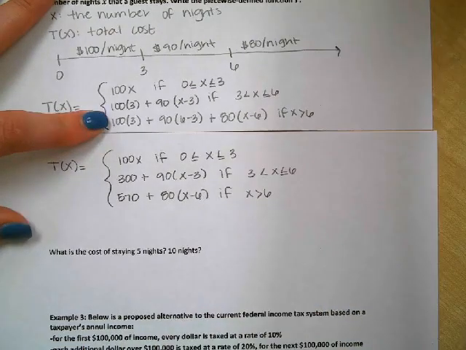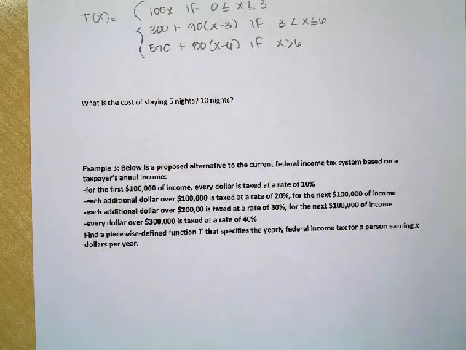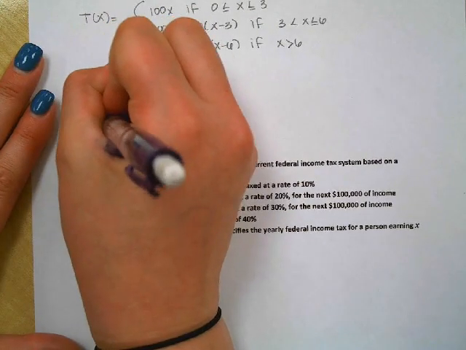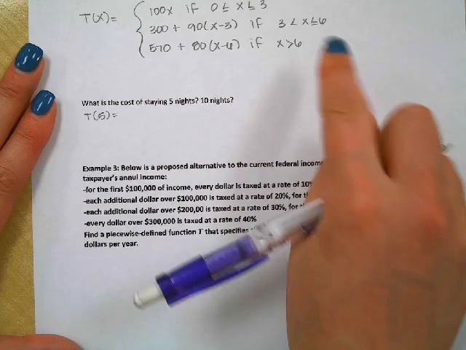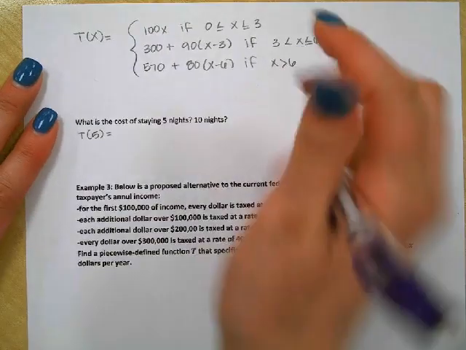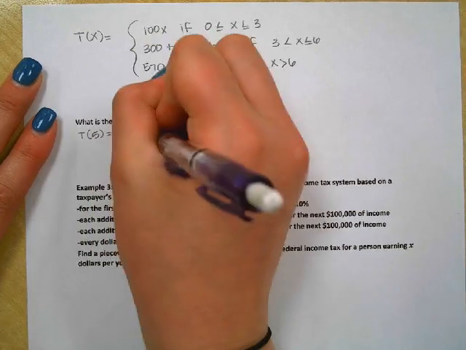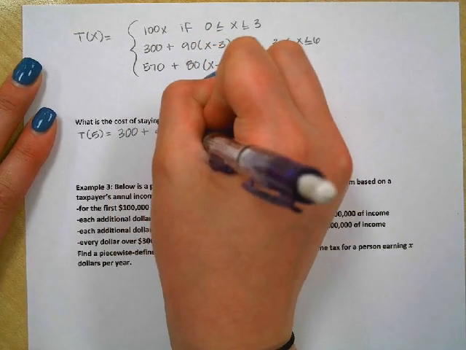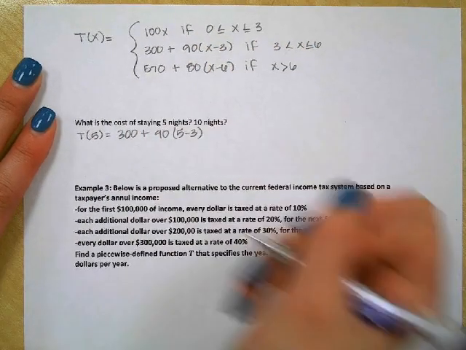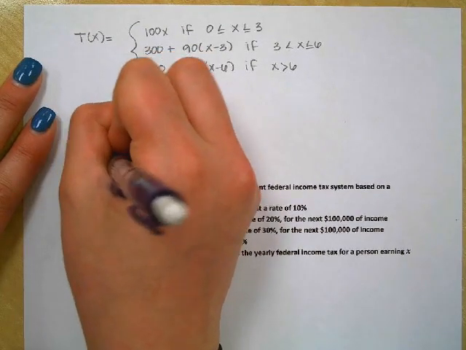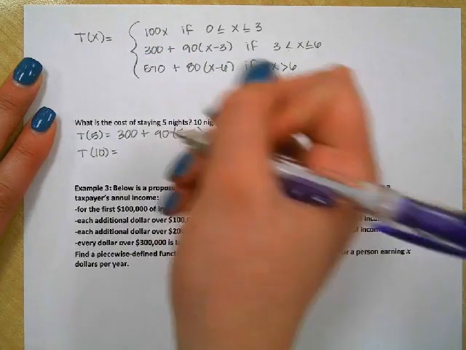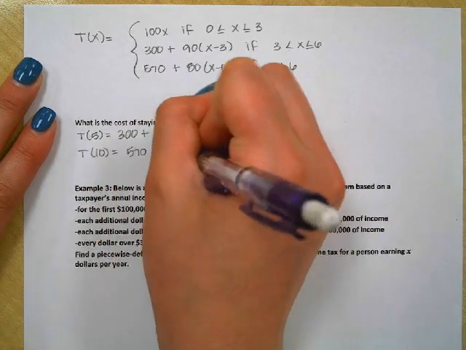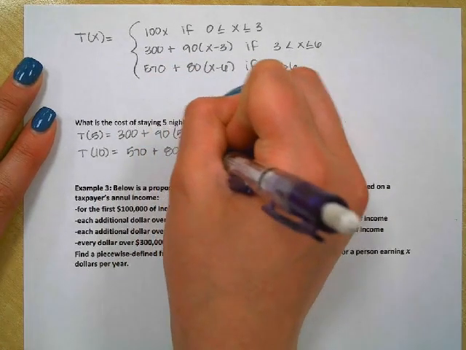Okay. So what is the cost of staying 5 nights, and what is the cost of staying 10 nights? So we're going to say T of 5. I'd have to plug 5 in right here, and so that's going to be 300 plus 90 times 5 minus 3. And then 10 nights would be T of 10, which is 570 plus 80 times 10 minus 6.